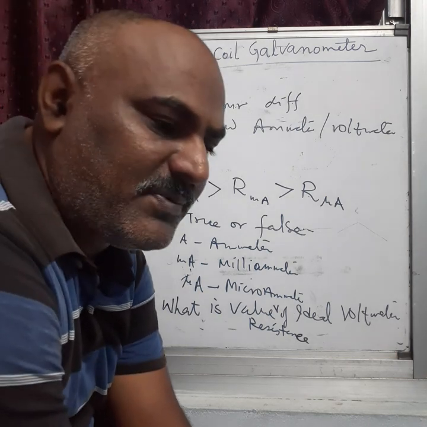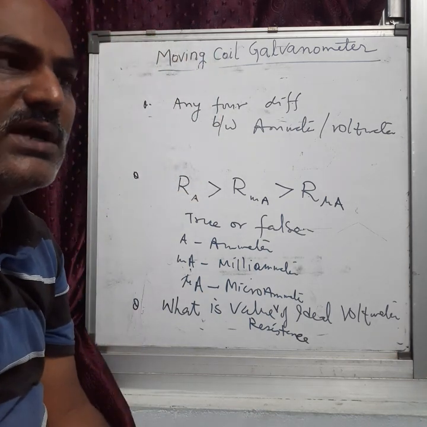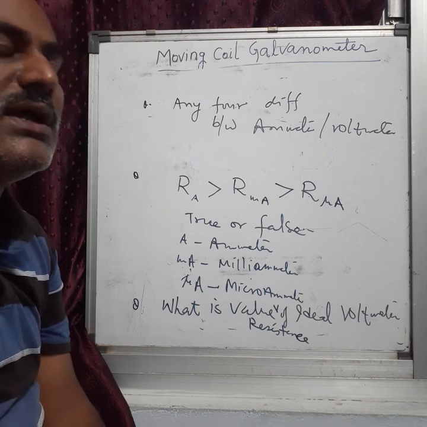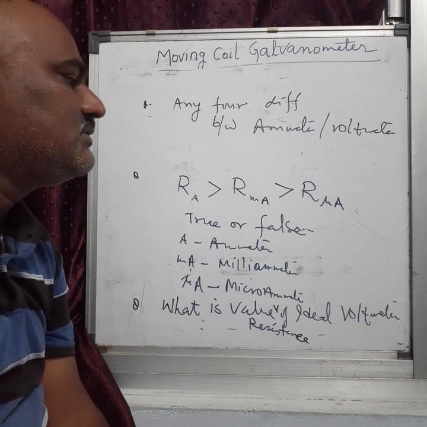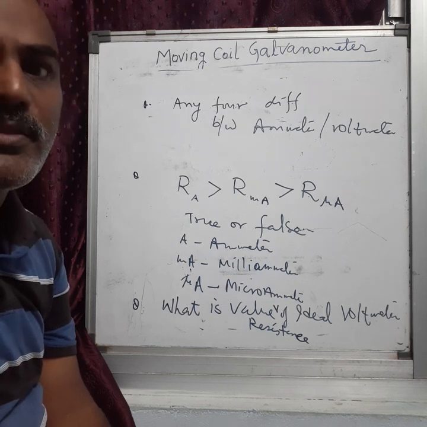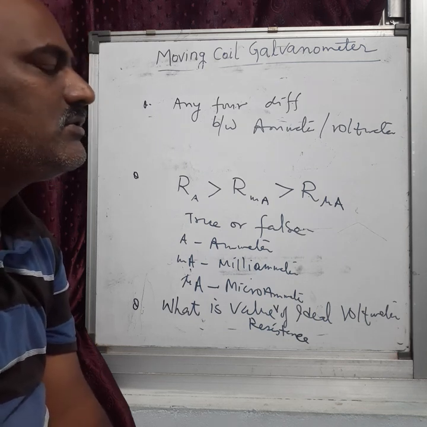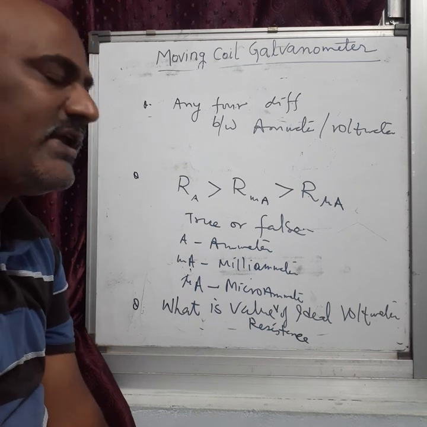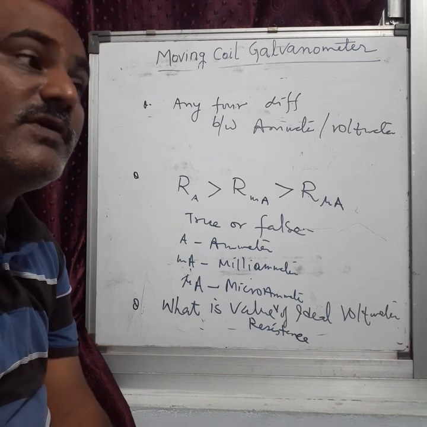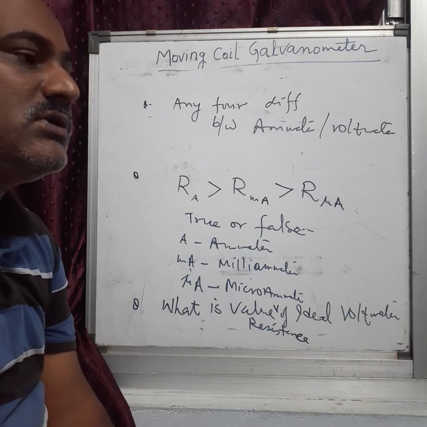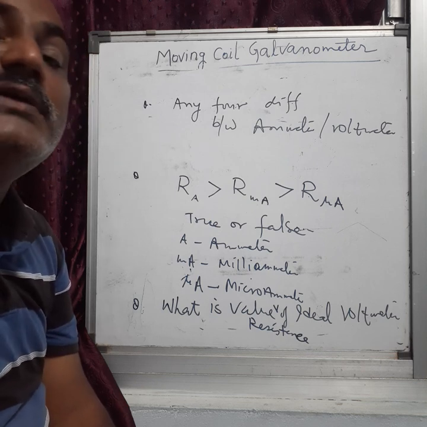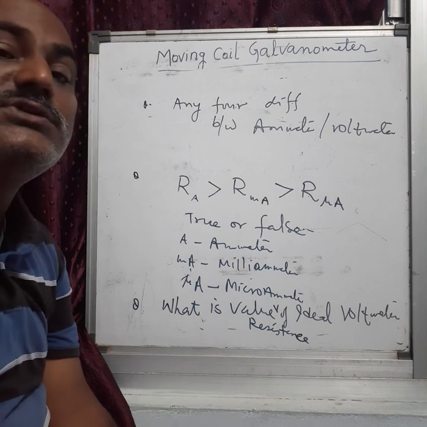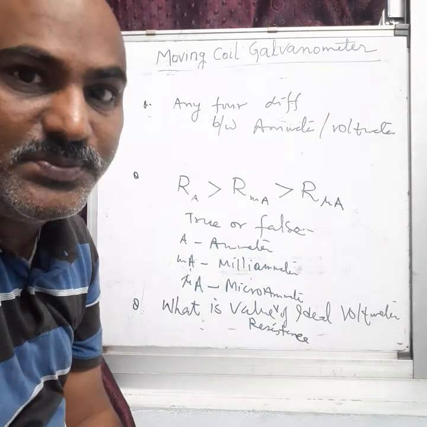And now chapter 4 is the last, and one more class I will take on numericals. I will try to explain some numerical problems from the moving coil galvanometer that we read. So in chapter 4, the modified syllabus is less, and according to that this is the last theory part of chapter 4.